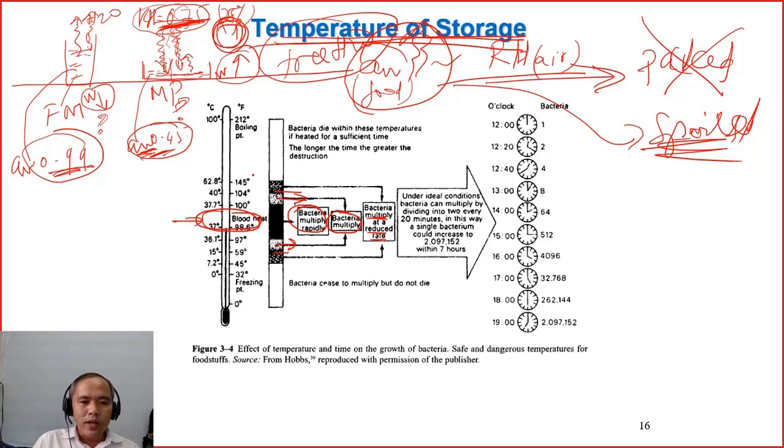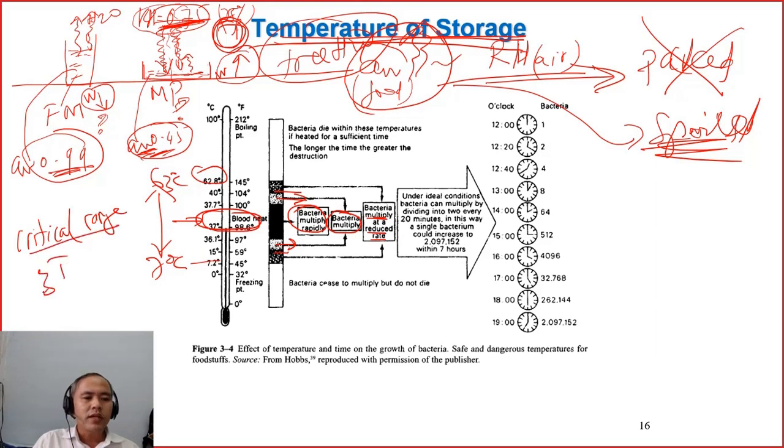And then when the temperature is above 63 degrees C or below 7 degrees C, the growth will be slow. So this range of temperature from 7 to 63 is called the critical range. Remember the words critical range of temperature in terms of microbial growth.